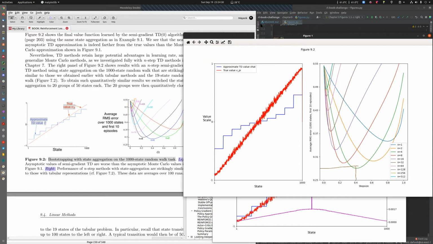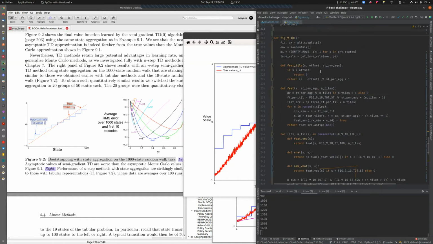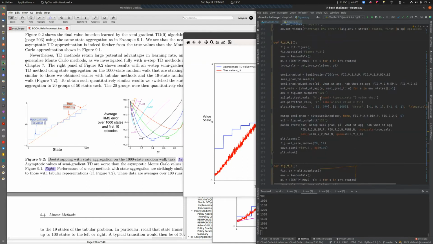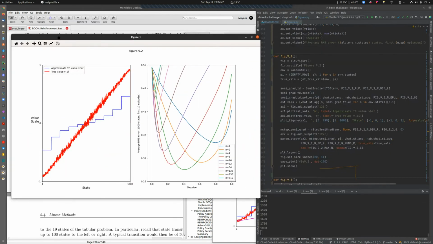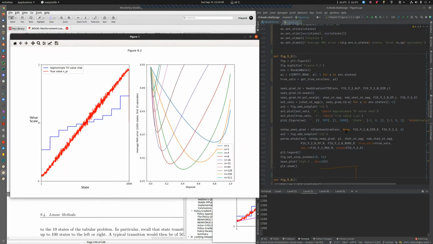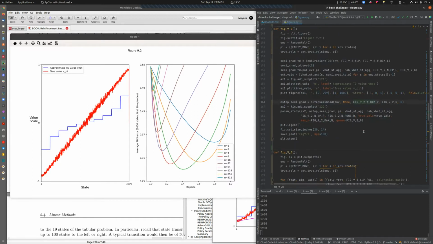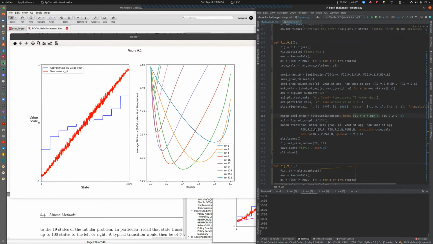Can you run it with a different number of aggregates? I mean, say, change it to be 20 instead of 10. Then those aggregates are taken from 1 to 1,000.